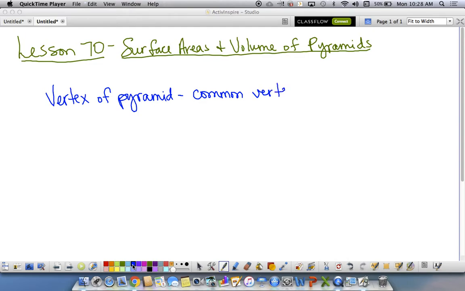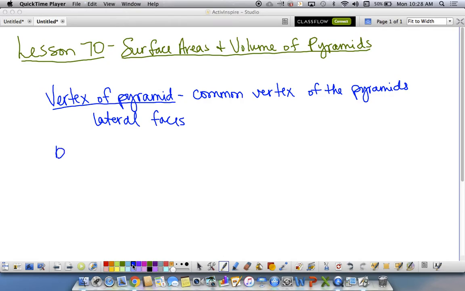Common vertex or point is the very point on the top, right? And you remember lateral simply means sides, okay? The vertex of the pyramid is the thing at the very tip top.